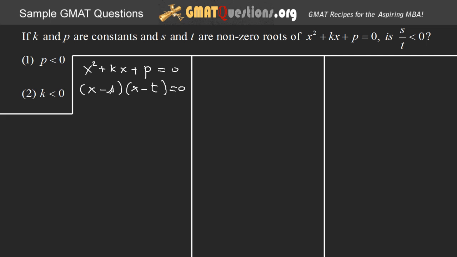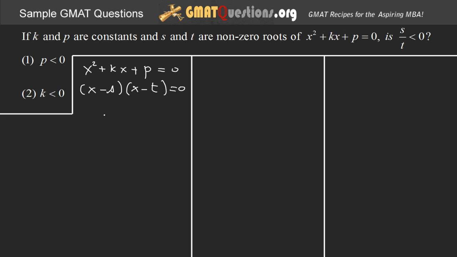And this is true only because the coefficient of x squared is equal to 1. If you had something here that is not 1, for example 2, I would not be able to write it exactly like this. I would have to adjust it. So as long as the coefficient of x squared is 1, we can write this.